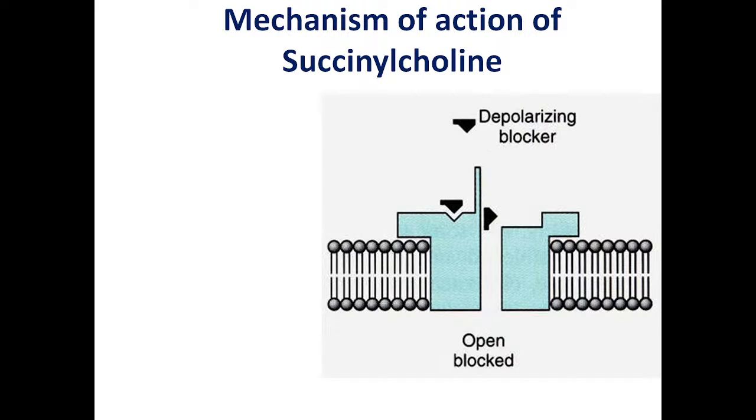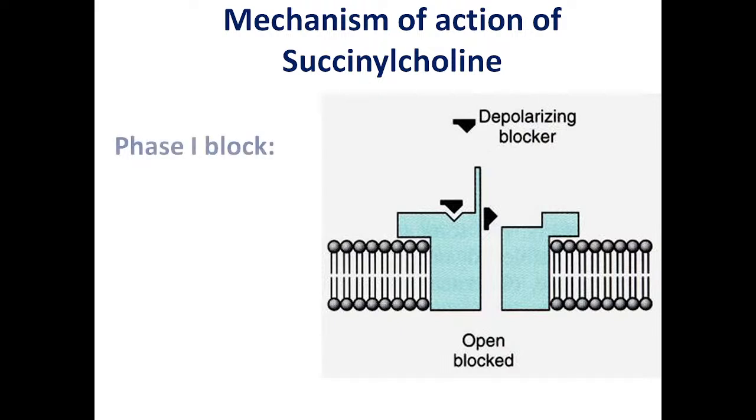So before the uses, how does succinylcholine act as a neuromuscular blocker? We have already seen that it is called a non-competitive or a depolarizing blocker. Depolarizing means, just like acetylcholine binds to the nicotinic receptor and depolarizes the membrane, similarly succinylcholine also does that.